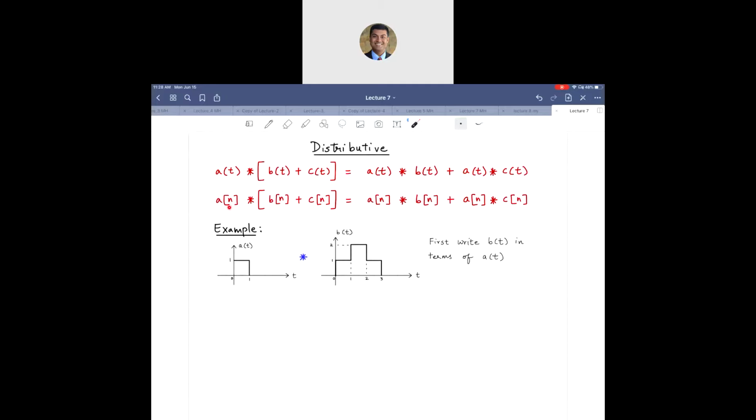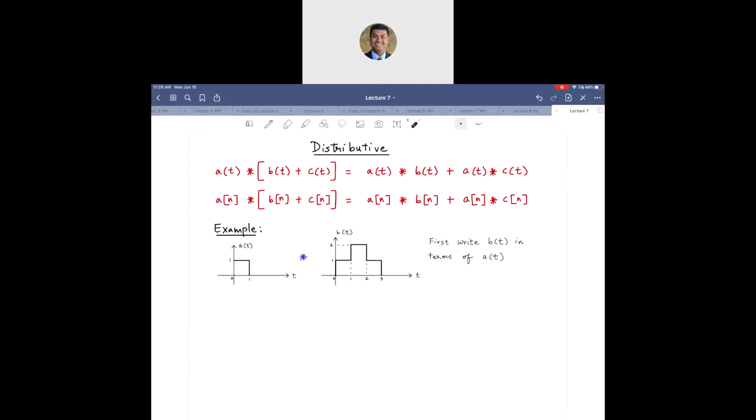A of n convolved with the sum of B and C is the same as A convolved with B plus A convolved with C. This can be used to convolve these two signals as an example. And you will really see the advantage of using this property for this example here.